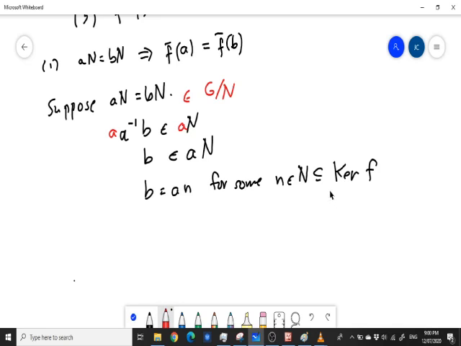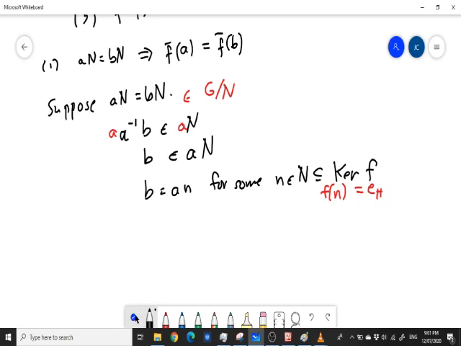That means that the image of n under f is equal to the identity in H. That's what it means, right? Okay, so b is equal to an. So let's apply f first.